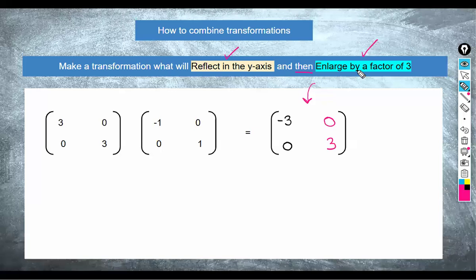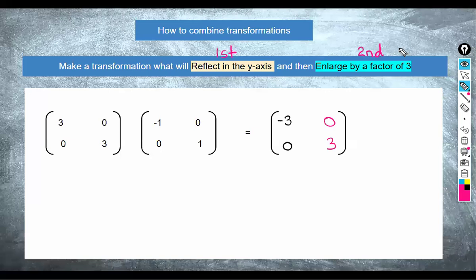Now, that's very, very important, right? If I ask you to jump and flip, that's different from flipping and then jumping. The order matters. According to the examiner, right? Which one does he want you to do first? He wants you to reflect it in the y-axis. And after you reflect the object in the y-axis, he wants you to enlarge it by a factor of 3.